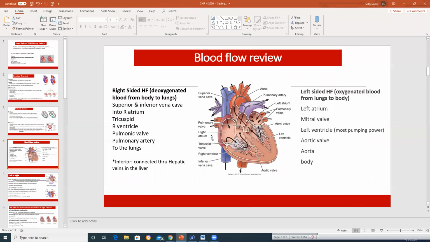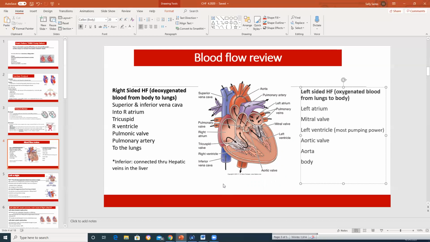So let's quickly review our blood flow, okay? We're going to be talking about right-sided heart failure and left-sided heart failure. Left-sided is what we're going to go into the most because it is the most common, and left-sided actually causes right-sided heart failure. So let's just talk about the right side here. Remember, our right side is our venous blood.